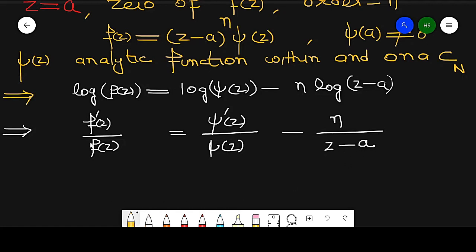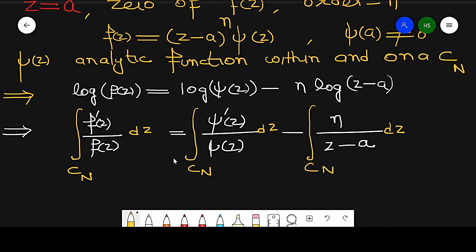Now integrate this function with respect to dz around the circle Cn. Now multiply by 1 over 2 pi iota on both sides.